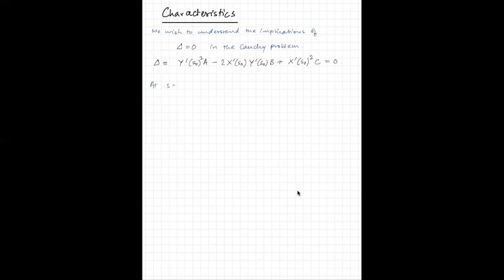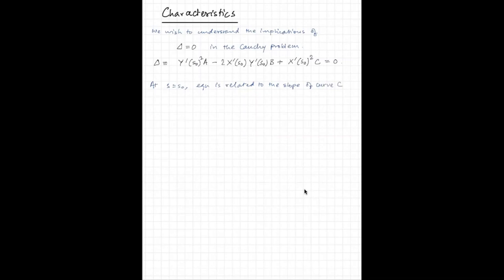At s equal to s naught, the equation is related to the slope of the curve c.